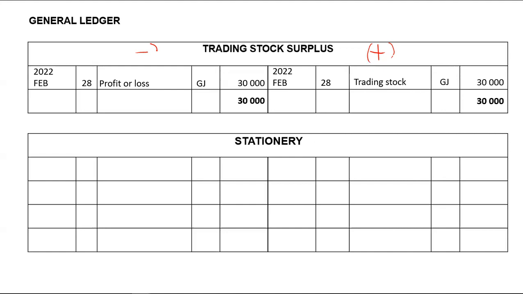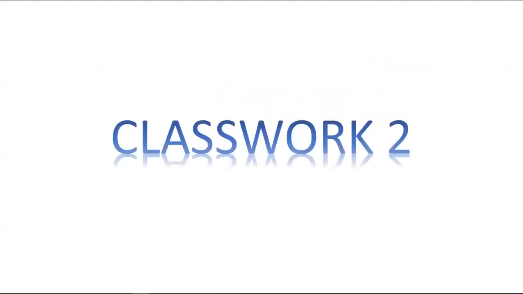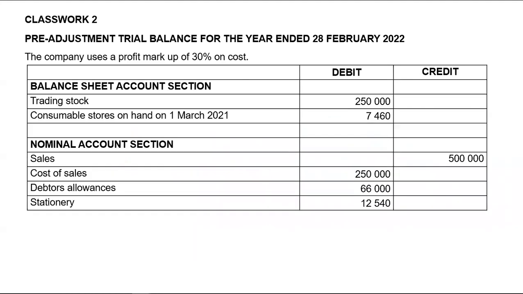Let's quickly move to classwork 2. In classwork 2, they told you that the company uses a profit markup of 30% on cost. Trading stock is 250,000.